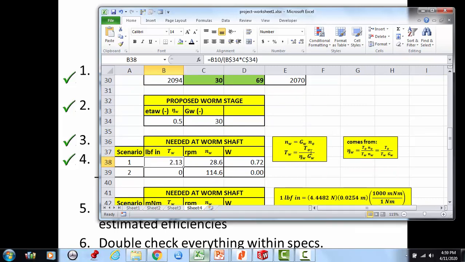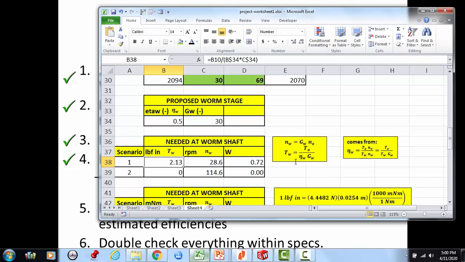This particular equation comes from the definition of efficiency, where you have the output work of that stage divided by the input work of that stage, and you can make a substitution for gear ratio. Then to get this equation, you swap the torque of the worm with the efficiency of the worm. That's where this comes from.